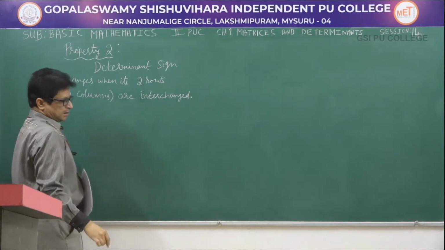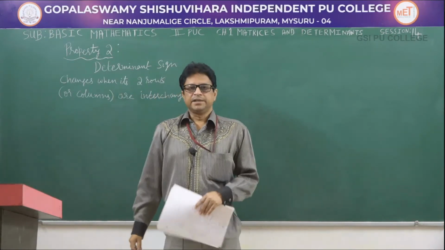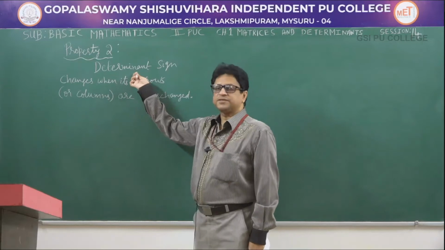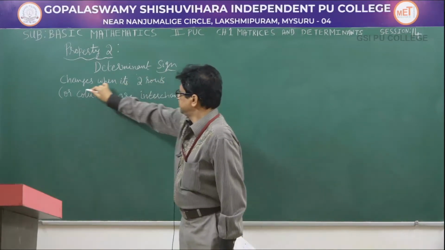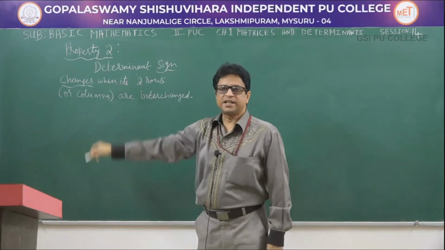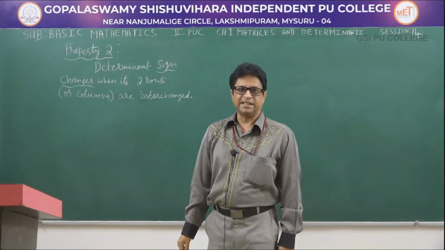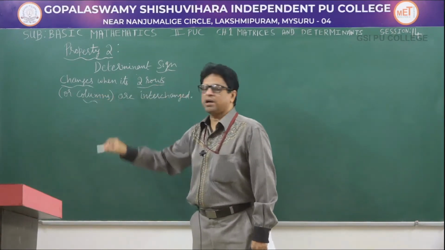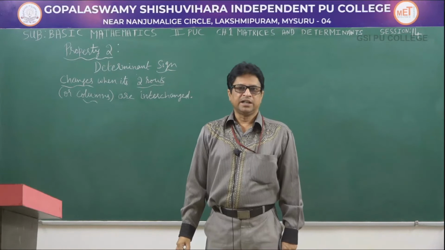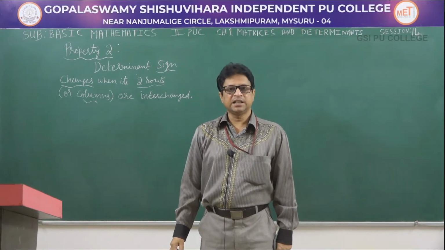That means the value of the determinant changes by its sign. The value of the determinant changes by its sign if any two rows or columns of a determinant are interchanged.